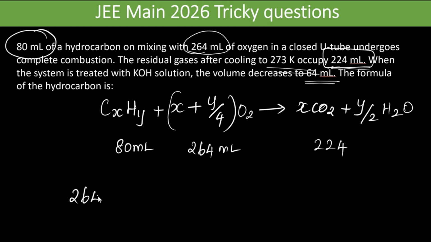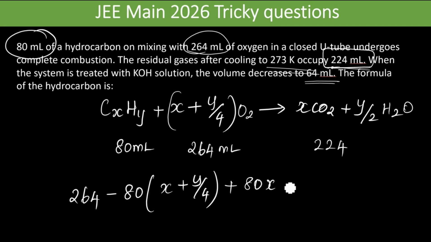So 264 minus 80 (x plus y by 4), where 264 is the total oxygen and this much of oxygen is reacted, plus 80x for CO2, which will be equal to 224.